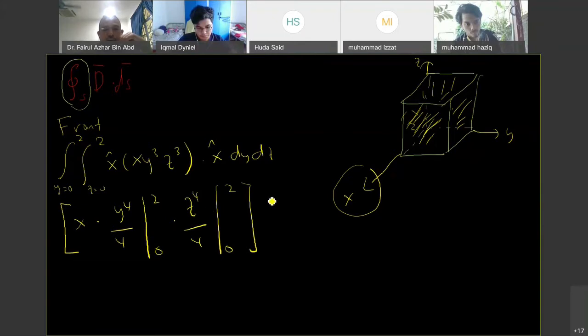In this particular case, the value of x is put as 2, because this surface is located at x equal to 2.